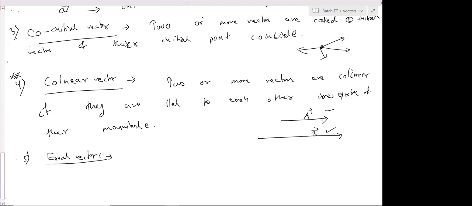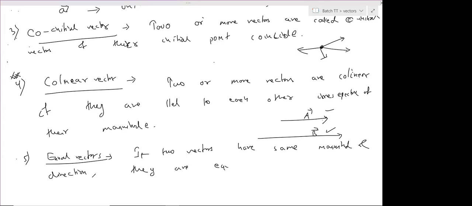Very simple. If two vectors are having the same magnitude and direction, they will be called equal vectors.